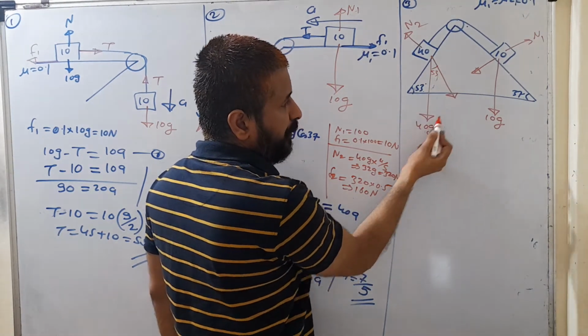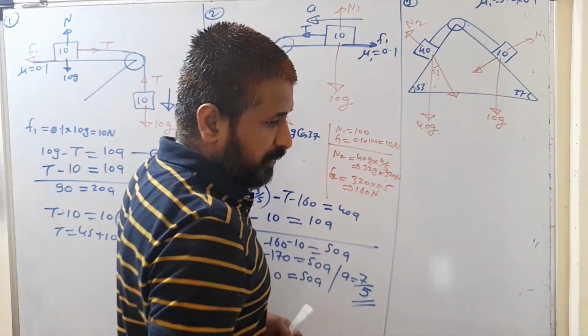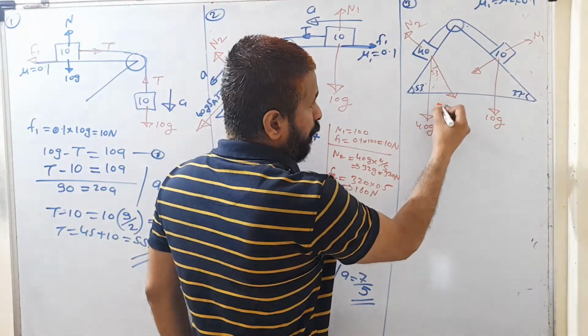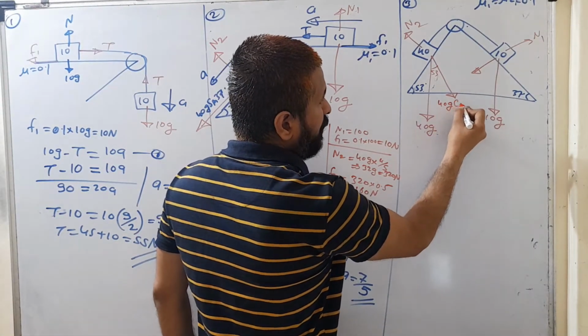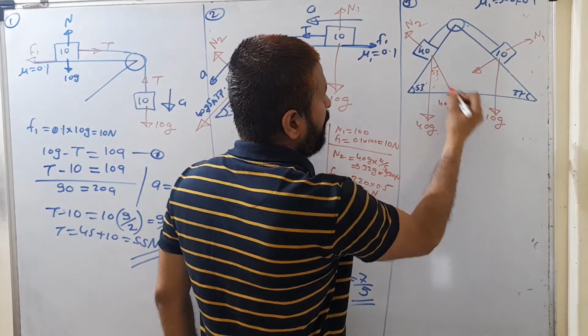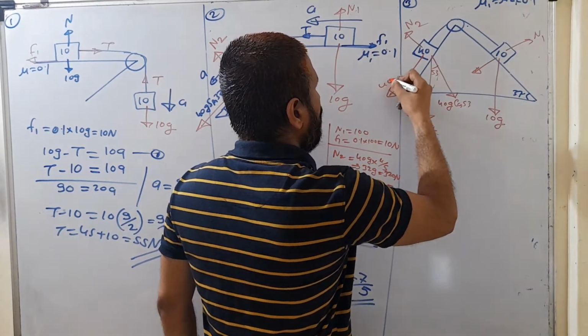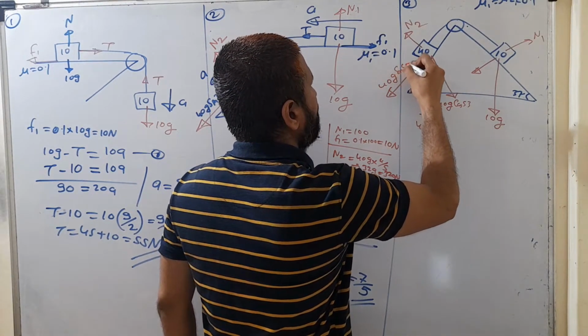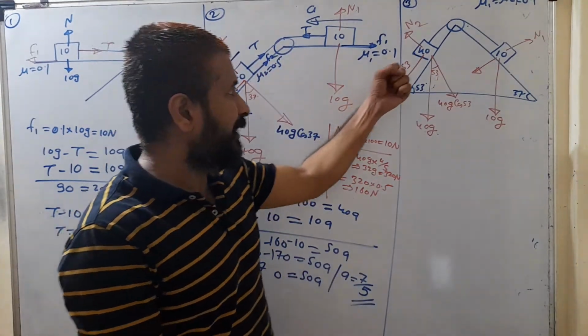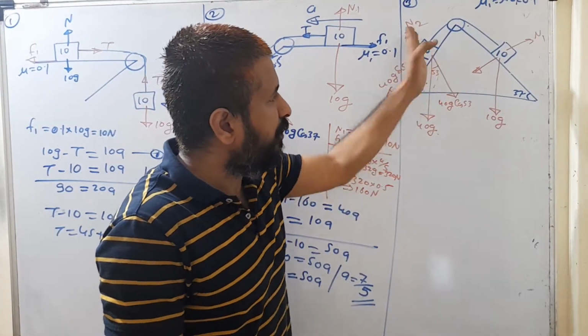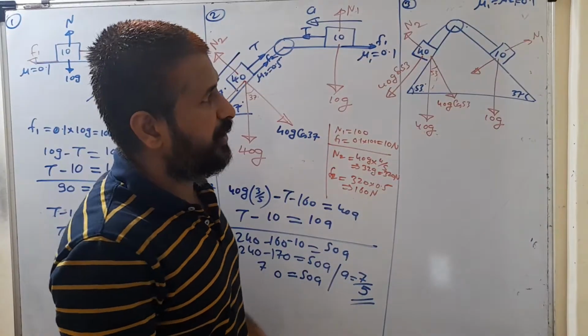If you are resolving this 40g into those components, what are we going to get? 40g cos 53, and in this direction 40g sin 53. 40g sin 53 pulls it down, and 40g cos 53 generates the normal reaction.